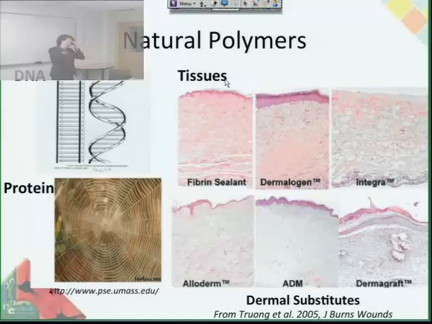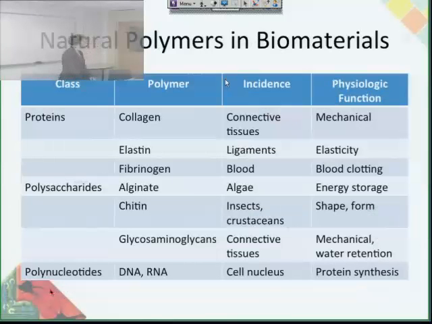So the common proteins are silk, that's a really popular biomaterial that's being used now, and collagen, that's probably the most common naturally derived biomaterial. But there's a lot of different kinds. Like I said, collagen is the most widely used. It's found in connective tissues naturally in mammals and other animals, but in humans as well.